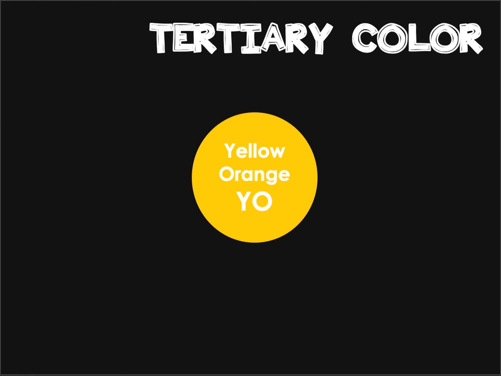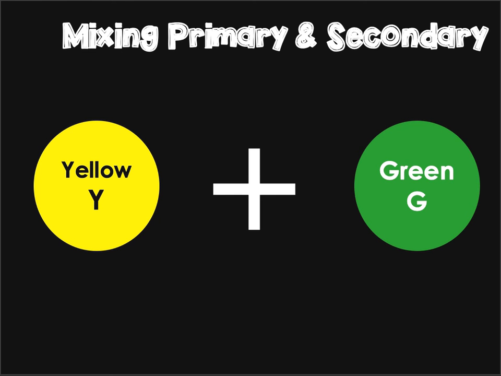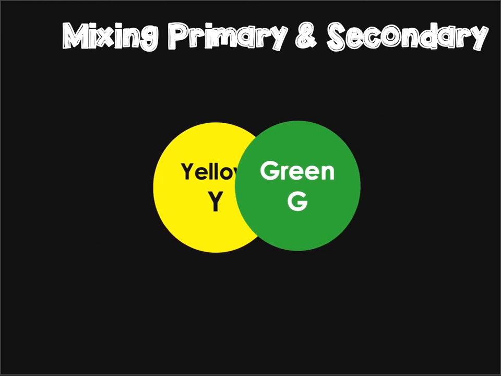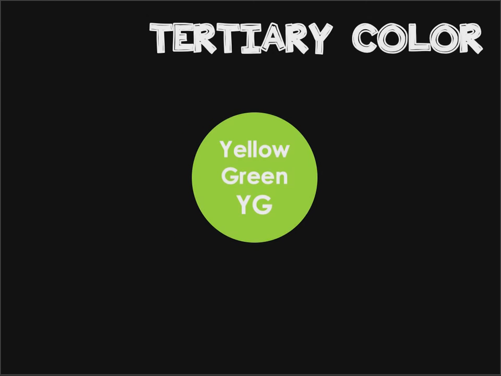So simple. It's simply taking the first name with the second name and combining them. What I like to call yorange. Taking your primary of yellow, mixing it with your secondary of green is going to give you yellow-green, or what I like to call yeen.